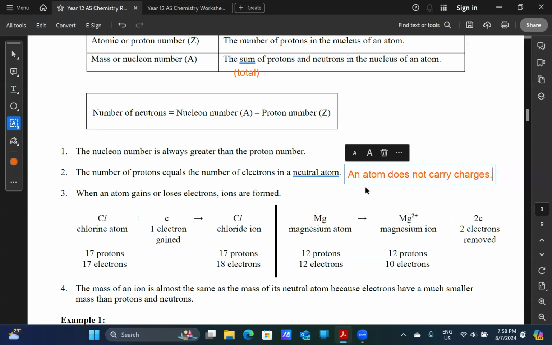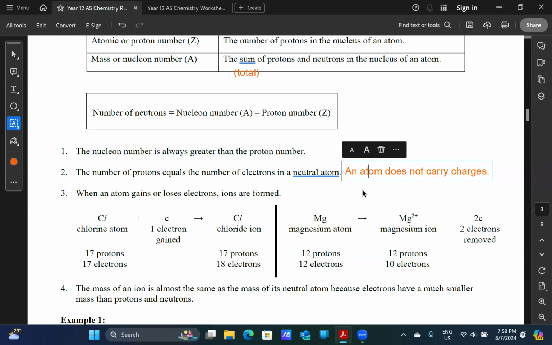An atom does not carry charges. Okay? An atom does not carry charges. That's why we use the word neutral to describe atom. Why is an atom neutral? Here is the important idea.